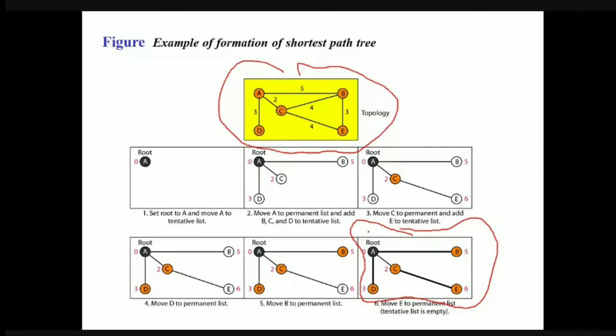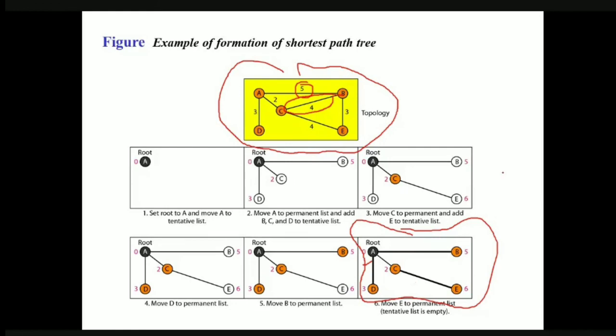If you see, this particular link has been removed in the shortest path tree, because there is no need for A to reach B via C. A to B can go directly, A to C, and from C to E, and A to D. Obviously this value is the smallest value. So this is our final tree, which tells the shortest path from root node A to every other node.